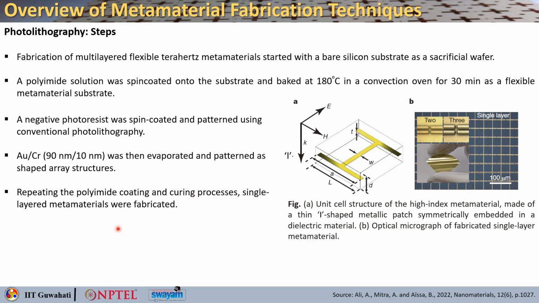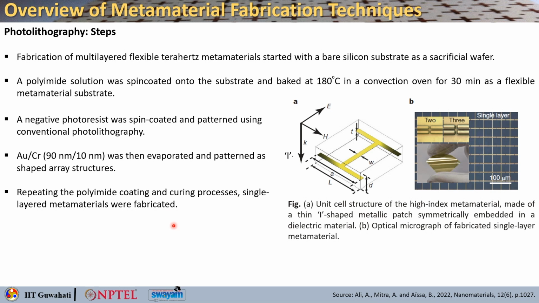So, what is done is repeating the polyimide coating and the curing process. Before that, gold chromium, with thicknesses of 90 nm and 10 nm, was evaporated, and then it was patterned as an eye-shaped array structure.